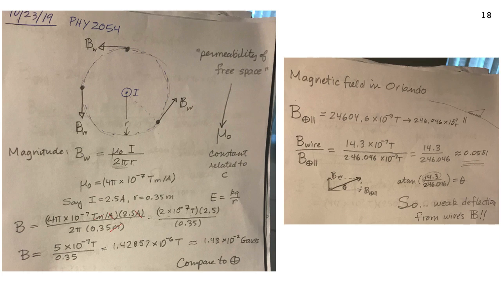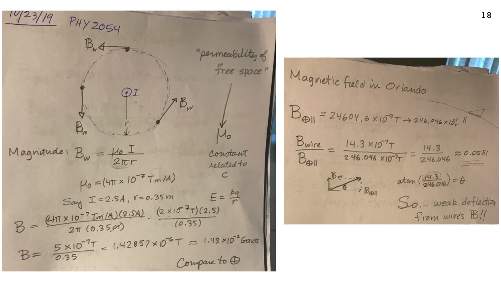Now, what we're going to do is make a ratio. The magnetic field from the wire divided by the magnetic field from the Earth parallel to the surface of the Earth. All right, so here's my ratio, 14.3 times 10 to the minus 7 Tesla in the numerator, over 246.046 times 10 to the minus 7 Tesla.